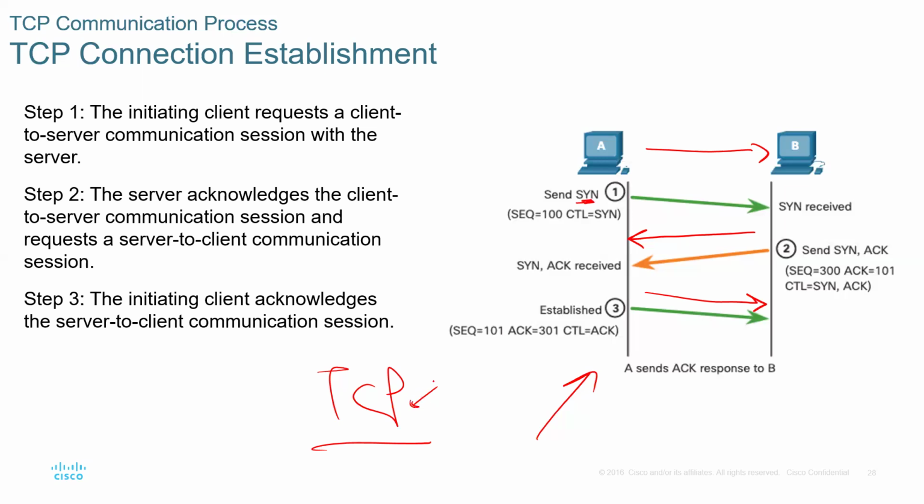Then when communication is finished, we now have termination. So here, this is connection establishment, and when it finishes we also have termination. With UDP, we do not have this. There is no connection establishment.